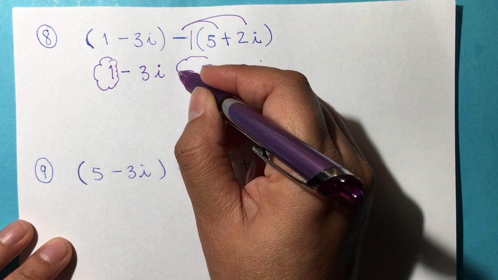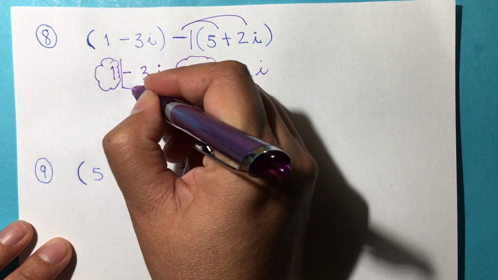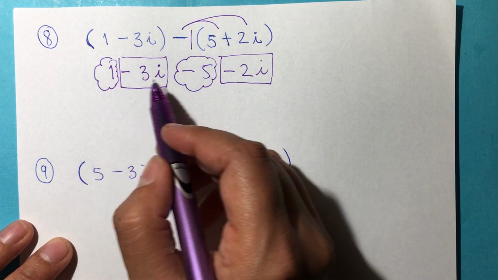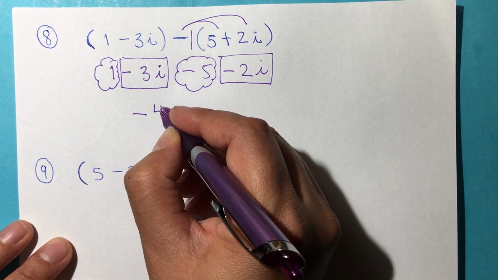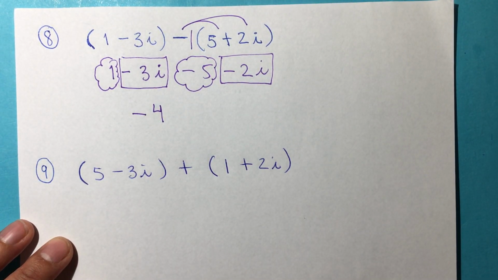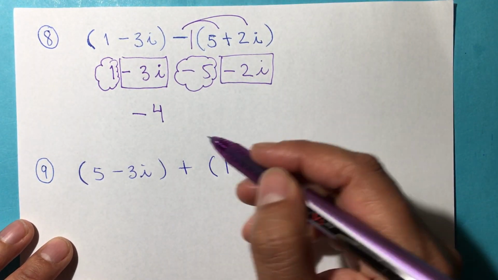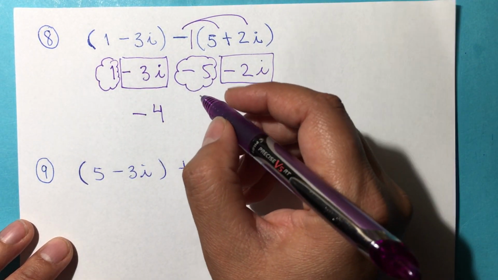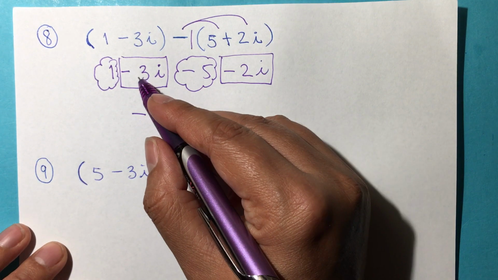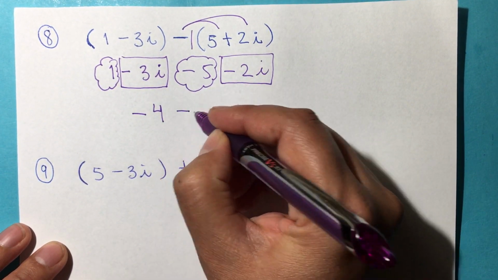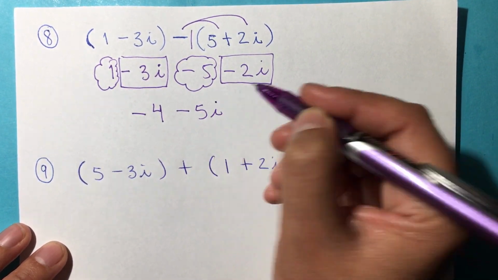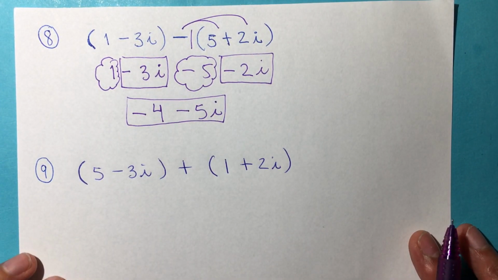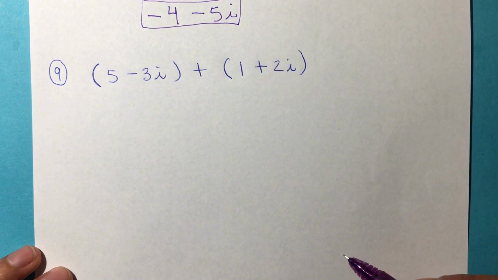Constant numbers with constant numbers, and imaginary with imaginary. 1 minus 5 is negative 4, because remember, when the signs are different, we subtract and leave the greater sign. And now we have 2 negatives. When we have the same sign, we add them and keep the common sign. So negative 3i and negative 2i is negative 5i. And that will be the answer for this subtraction or difference of complex numbers.